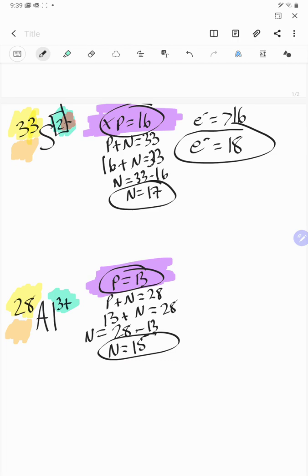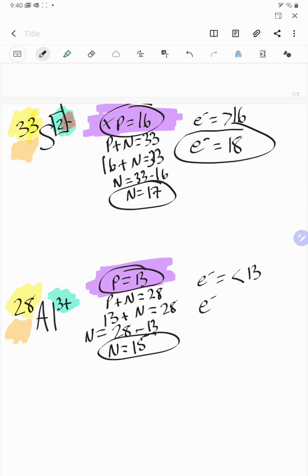We see that there's a positive charge. So a positive charge means there are more positive charges than negative charges, and that translates to there being more protons than electrons. So since we know that the number of protons is equal to 13, the number of electrons is less than 13.